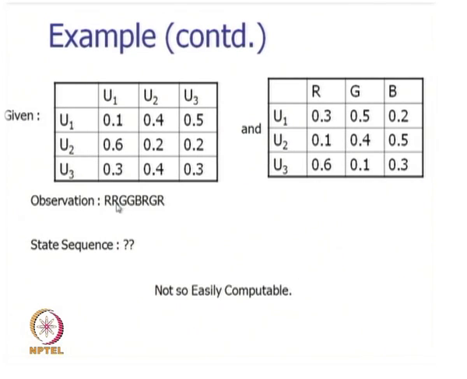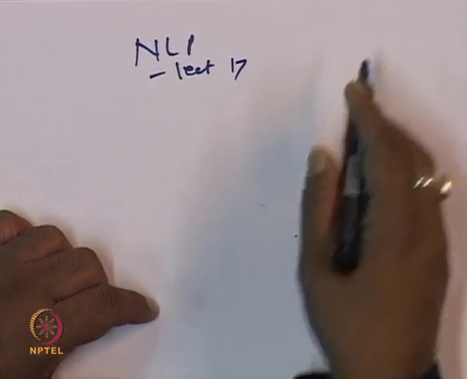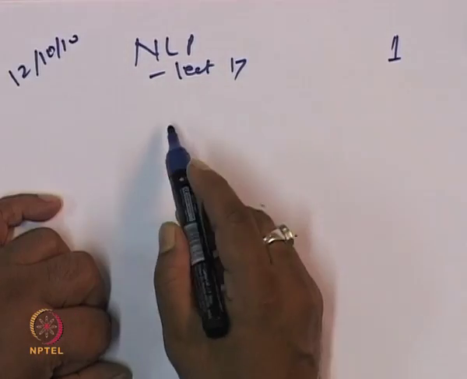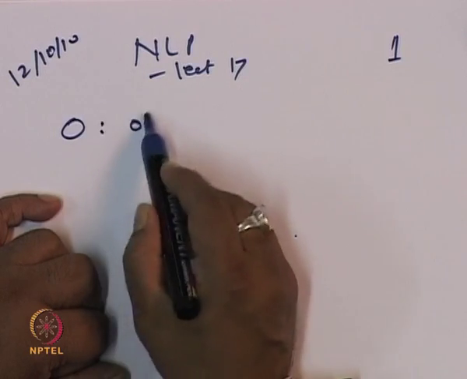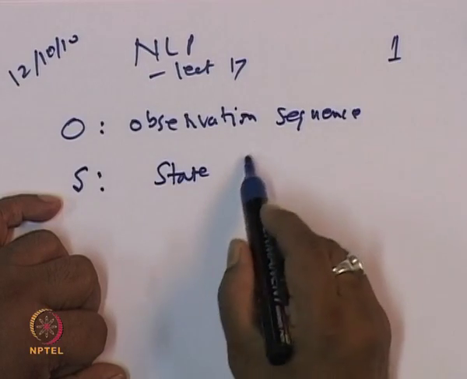Now, we make some remarks. So, when we are discussing this problem, what we are saying is that the state has to be predicted corresponding to the observation. So, we have the observation sequence O, and we have to predict the states, which is the state sequence.